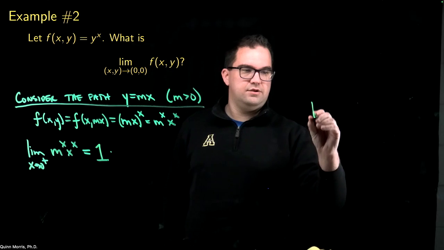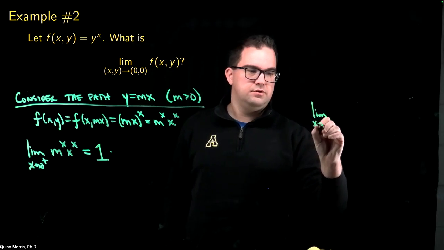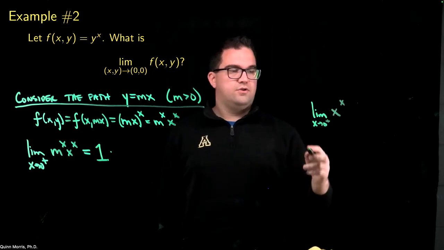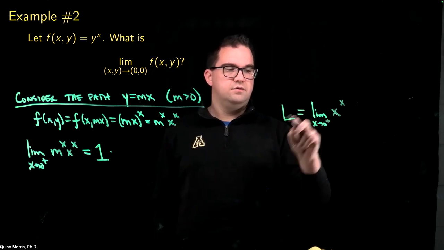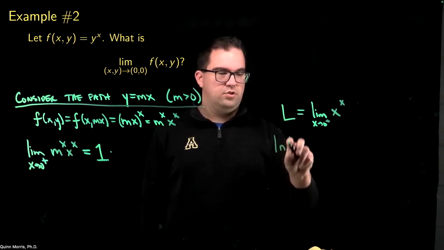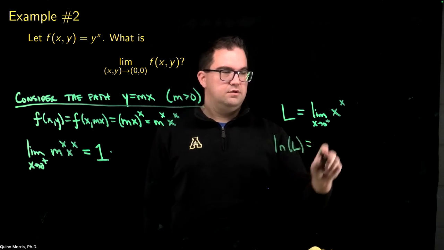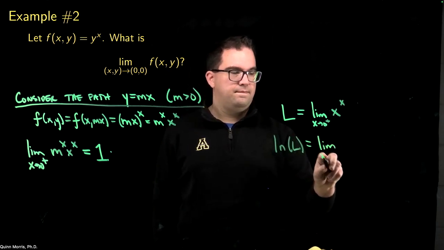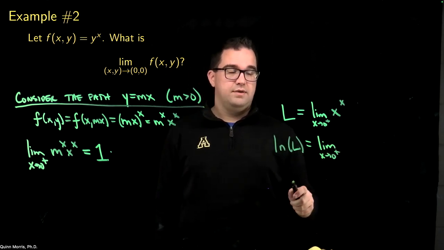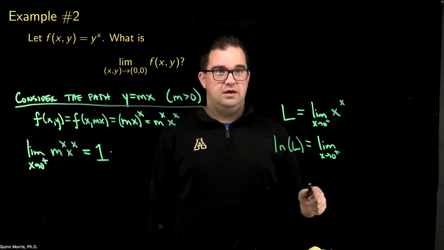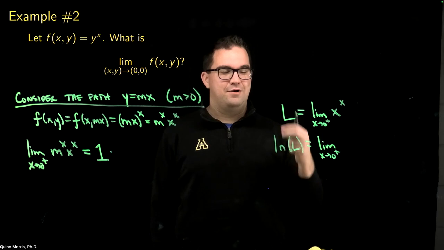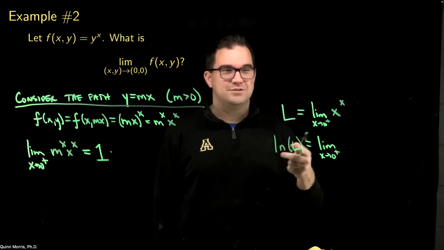Now, the second piece is a bit different because you have the variable in the base and the exponent. You may have seen in a calculus course that if you want to calculate something like this, one way we do it is to say, what if the limit did exist and was equal to L? Let me take the natural log of both sides. This works because natural log is continuous on its domain.